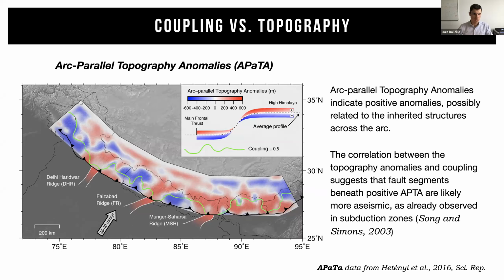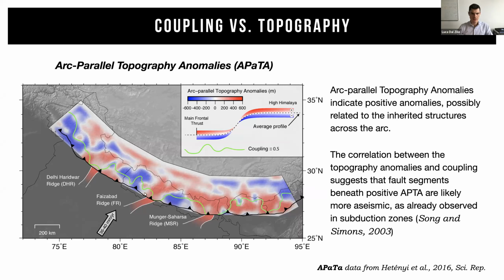In this map, you can also see the location where the coupling is 0.5, so 50%. You can see that these low coupling regions coincide with the regions where we have these ridges. The most important point of this figure is that these regions also correlate with a positive topography anomaly.